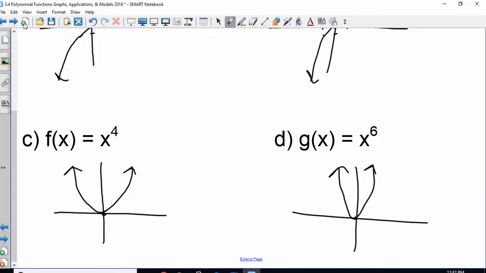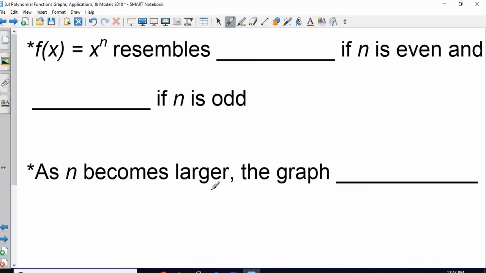So what this is giving us is what we refer to as end behavior. If you just look at x to a power, if that power is even, it will look like x squared. And if that power is odd, it will look like x cubed. The only thing that's happening as that exponent gets larger, the graph narrows. It gets skinnier, but the same general shape.